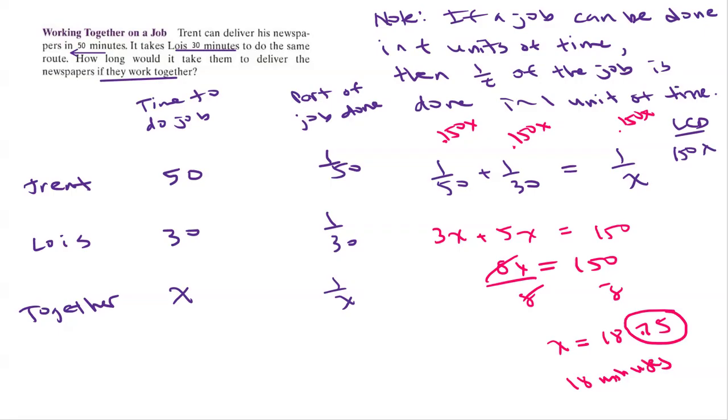Okay, so it'll be 0.75 times 60 seconds. Okay, so in that case, how many seconds would that be? 45. Very good. Thank you. Okay. So 45 seconds.